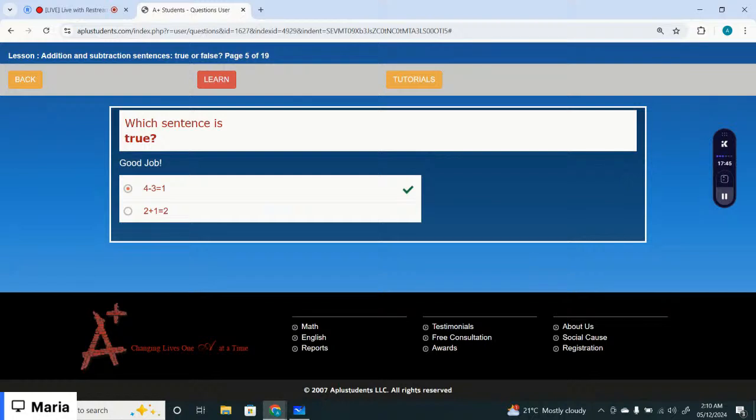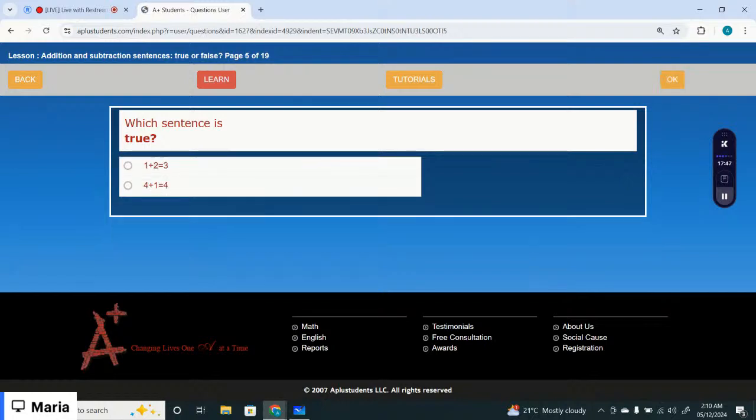Okay, the next one is which sentence is true? 1 plus 2 is 3 or 4 plus 1 is 4? Which is the correct option?